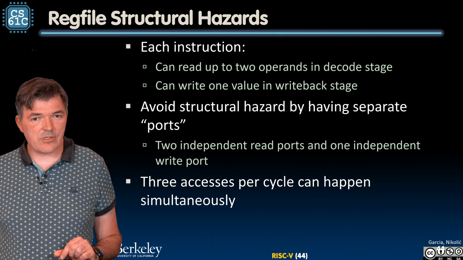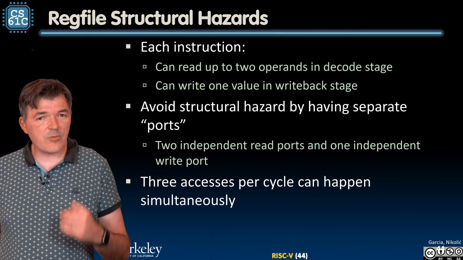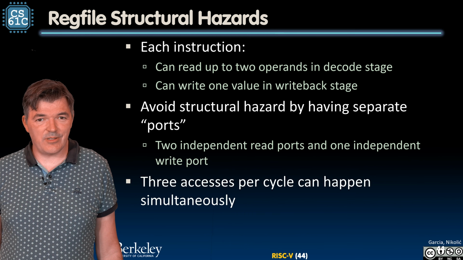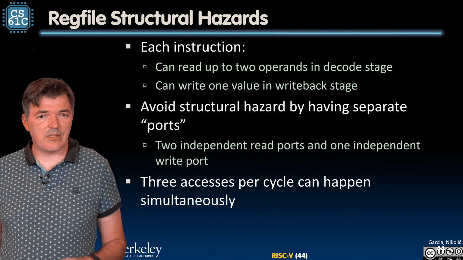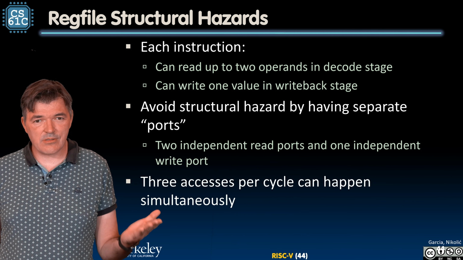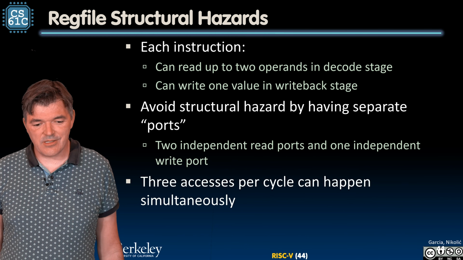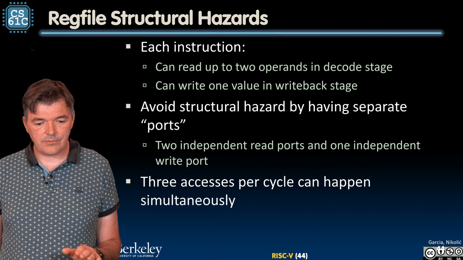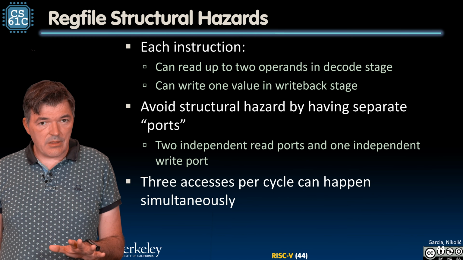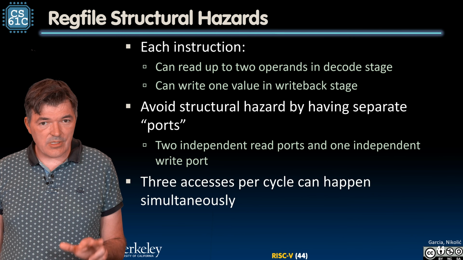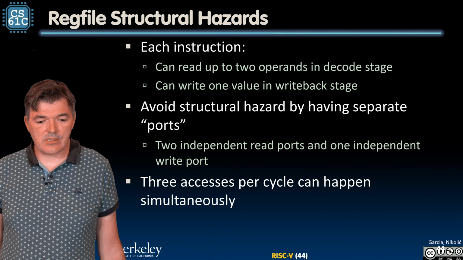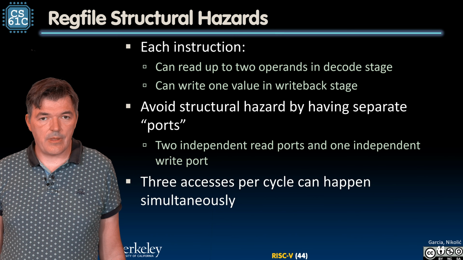We can read the register file in 100 picoseconds, and we can also write to a register file in 100 picoseconds. We'll see that that's a convenient thing that allows us to both read and write the register file in a single cycle. But the key thing here is the register file has to be designed to support 3 accesses per cycle simultaneously.